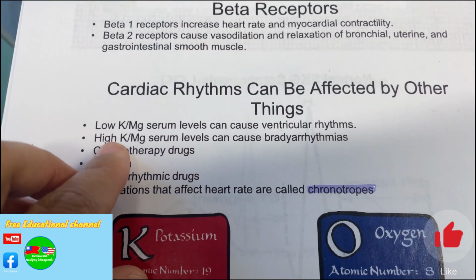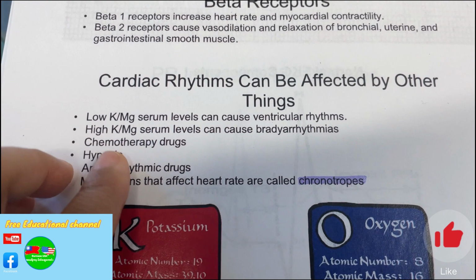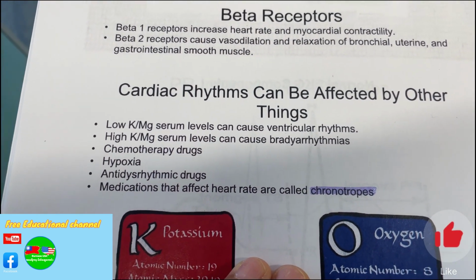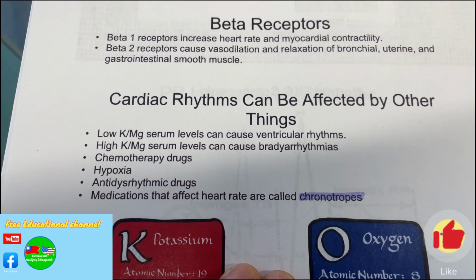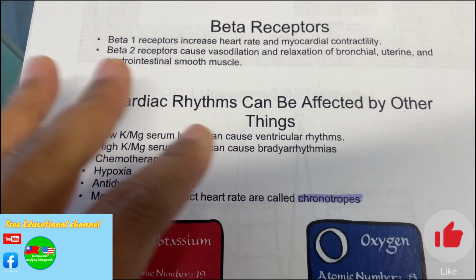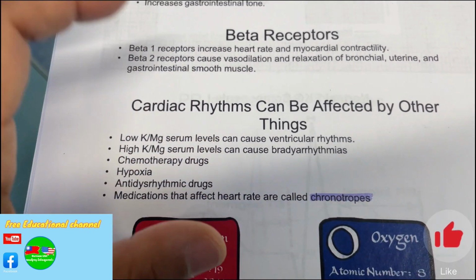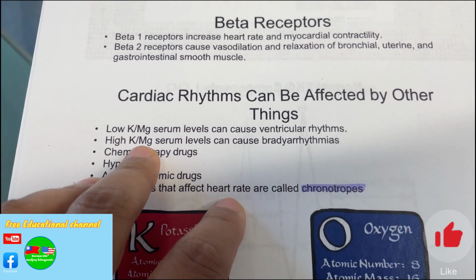It can be through peripheral veins, but it can't be an IV push. It has to be pre-mixed. And most of the time, when I used to work in a hospital in Asia, in Singapore, it was already pre-mixed by the pharmacist, so we don't need to mess with that.